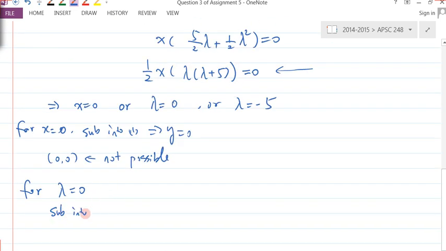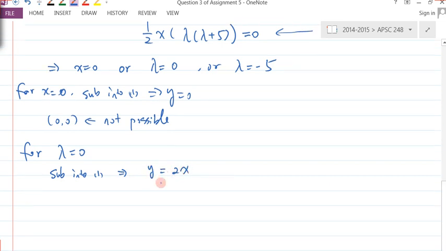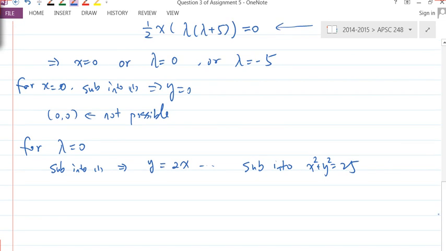So sub into 1, we have y equal to 2x. Now we can sub this into the constraint. So what do we have here?